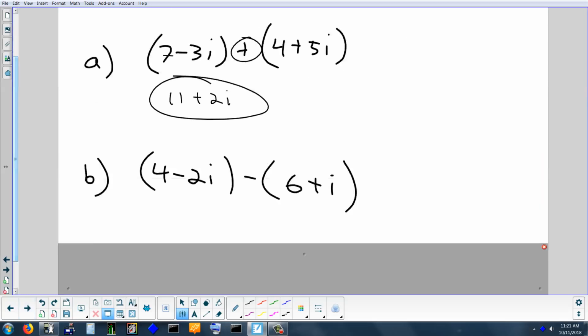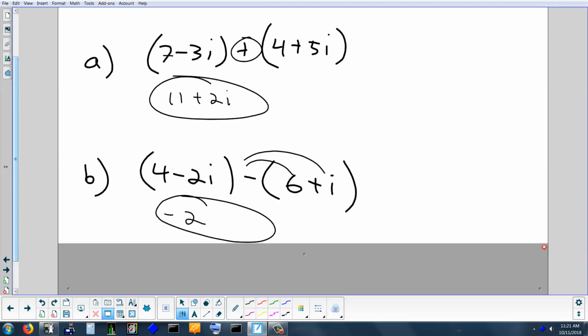Subtracting is the same idea, except you want to think of that negative as being distributed. So you're subtracting 6 and you're subtracting an i from the first part. So Emily, if my real part here is 4 and I'm going to subtract 6, my final answer would have a real part of -2.